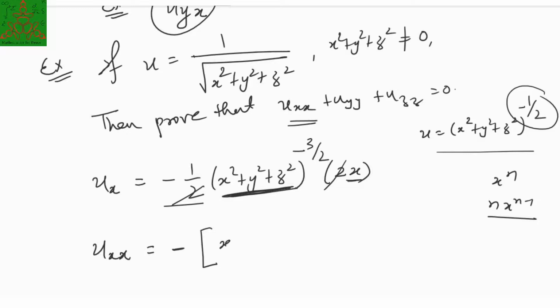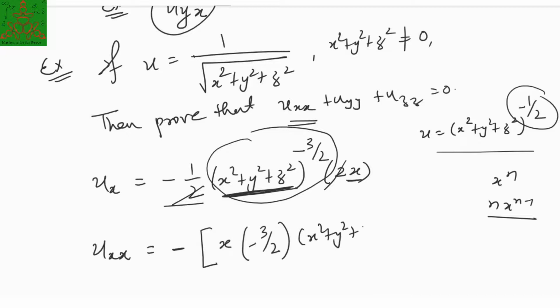Let's say x as it is, and the derivative of this quantity will become minus 3 by 2, because it is power n, (x square plus y square plus z square) raised to minus 5 by 2 into 2x, plus derivative of x is 1, and this quantity will be as it is.